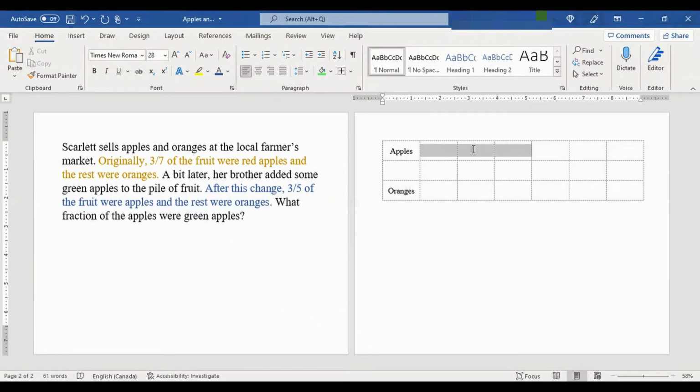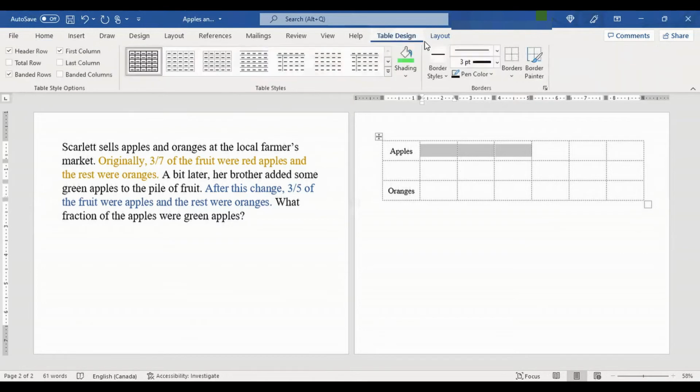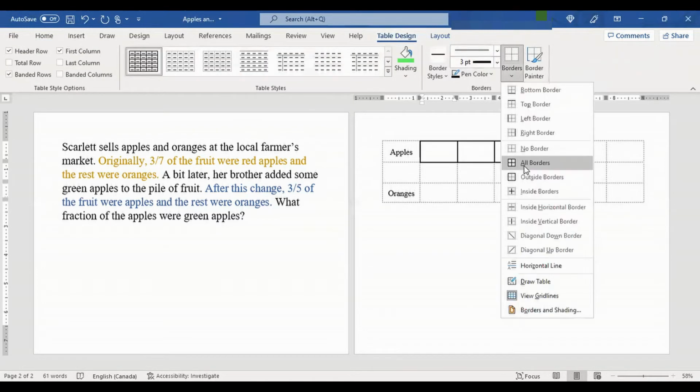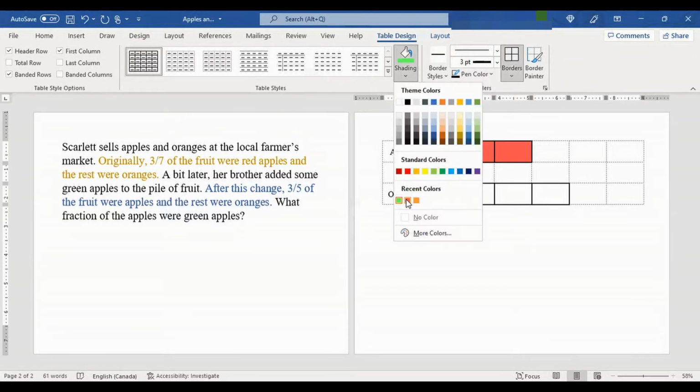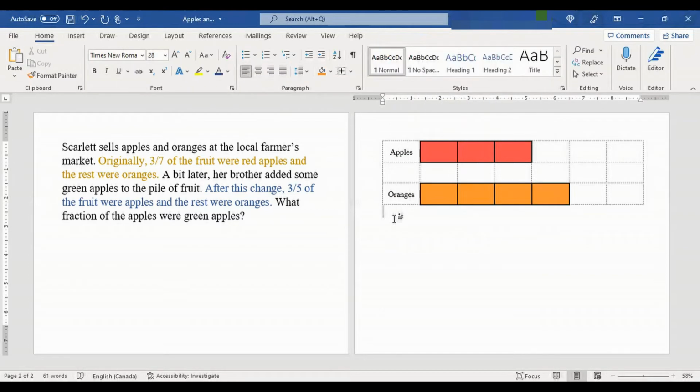So we're going to give 3 cells to the apples here. These apples are just red. So keep in mind, these are just the red apples. And we're going to give the remaining 4/7 to the oranges. I'll make the apple section red. The oranges will be orange. And there we go. We've finished with the yellow sentence.